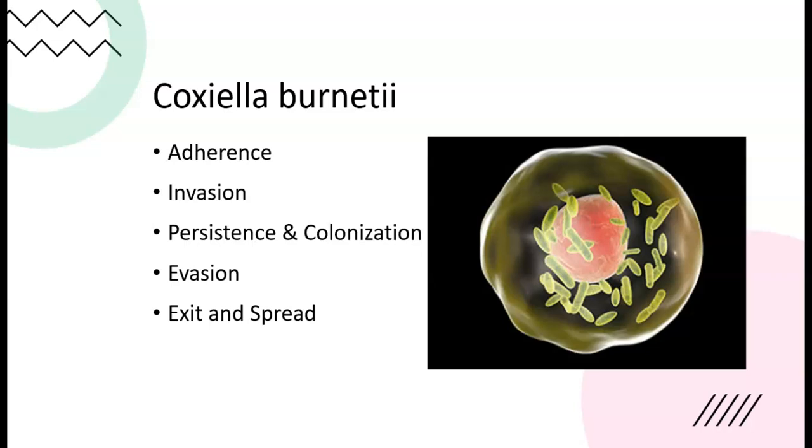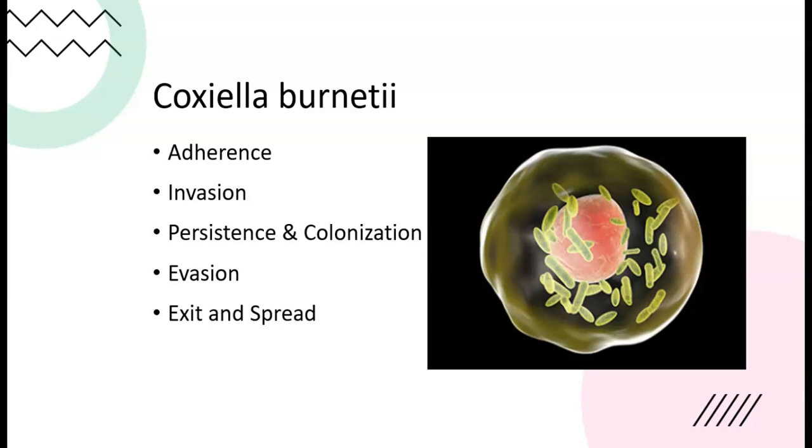Once inside, it resides within a modified phagolysosome where it can safely replicate. Coxiella burnetii uses multiple strategies to survive inside the normally destructive phagolysosome of macrophages. It alters its surrounding phagolysosome into a specialized compartment called the Coxiella-containing vacuole.